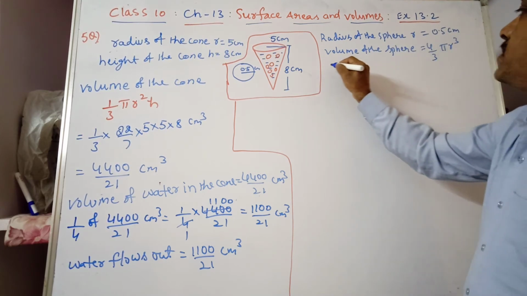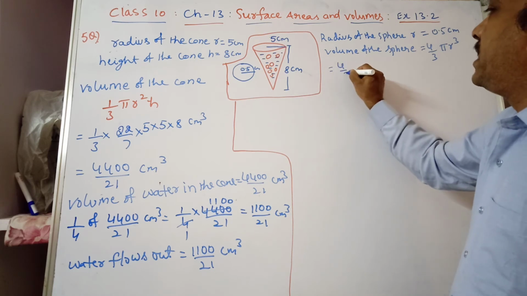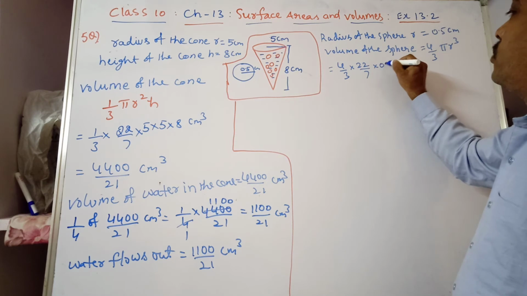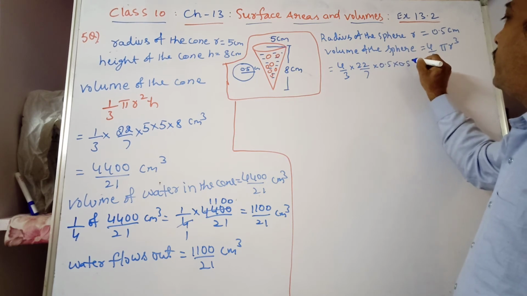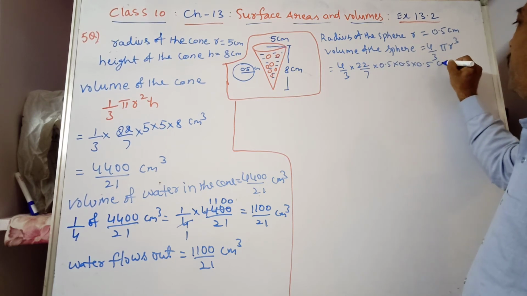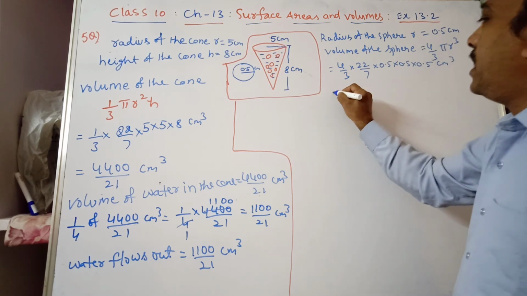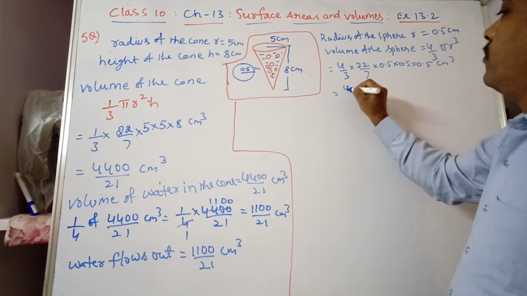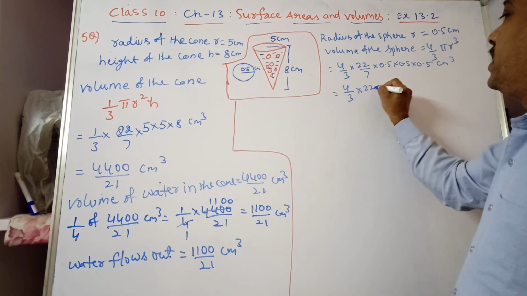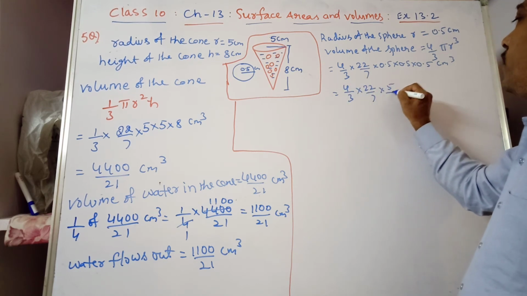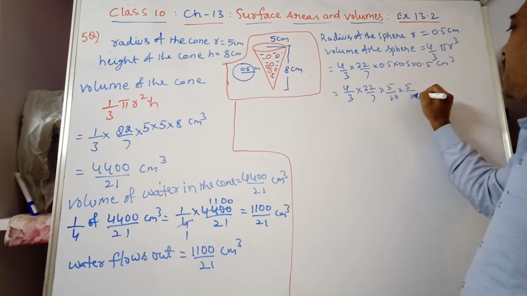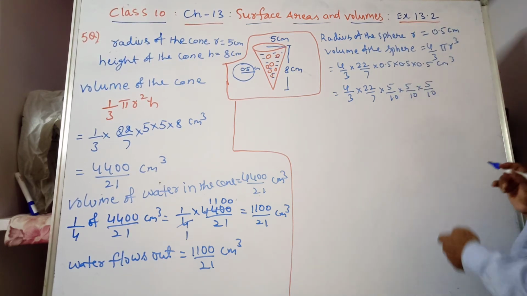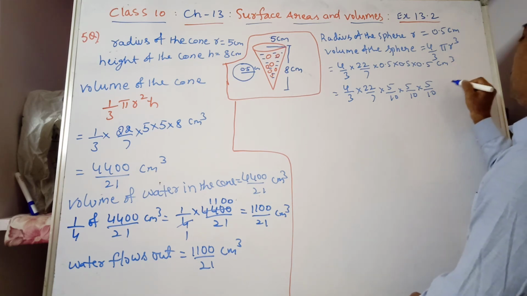So this equals 4 by 3 into 22 by 7 into 0.5 into 0.5 into 0.5 centimeter cube. We can write this in fractional form: 4 by 3 into 22 by 7 into 5 by 10 into 5 by 10 into 5 by 10, centimeter cube.